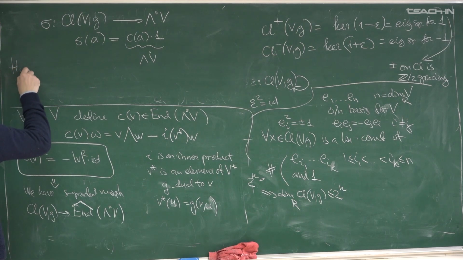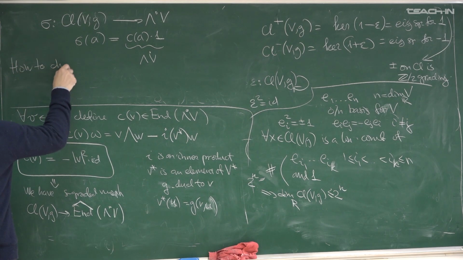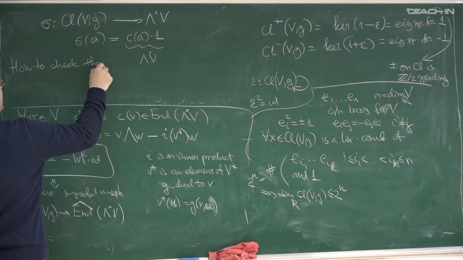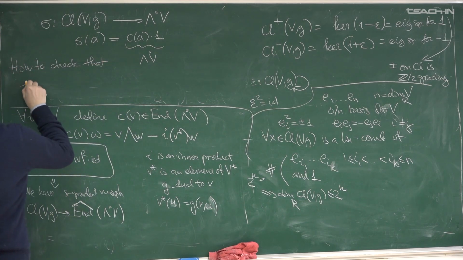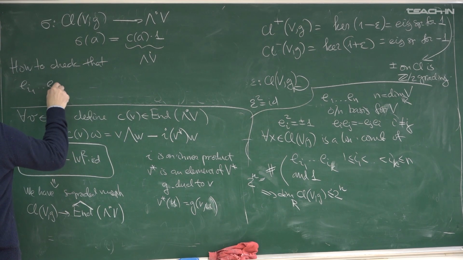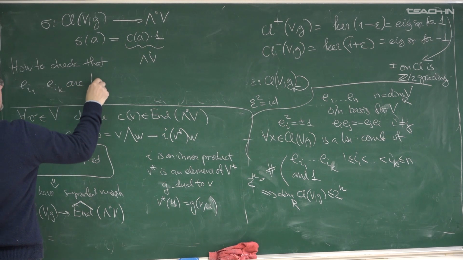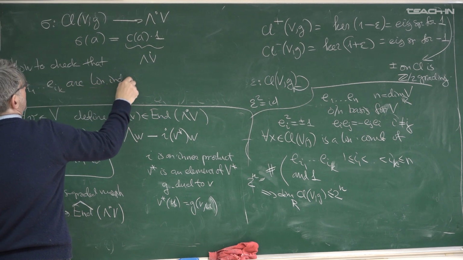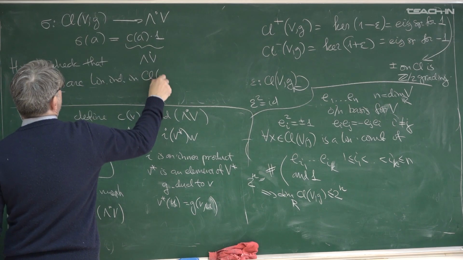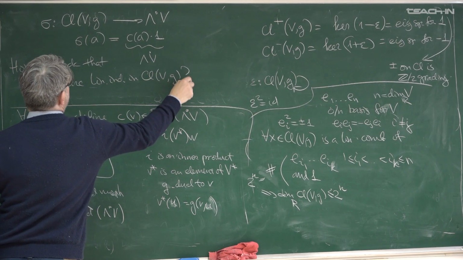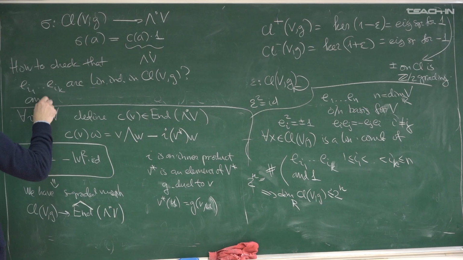How to check that the products e_i1 ... e_ik are linearly independent in the Clifford algebra, and 1 for sure? We evaluate sigma on them.